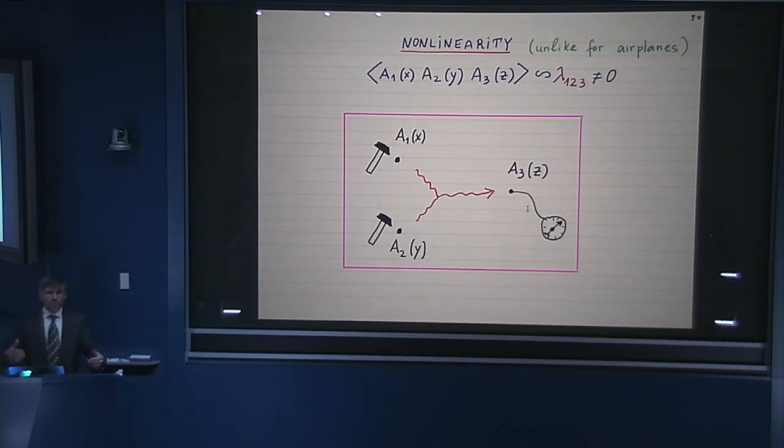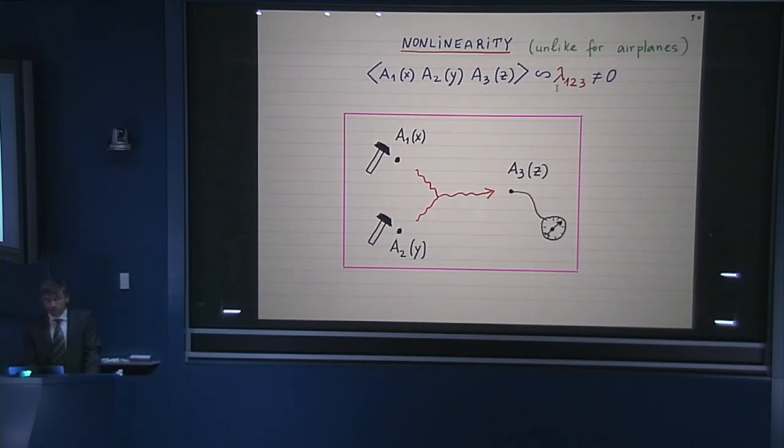And so you see that two fluctuations of two different types, a1 of x and a2 of y, when they propagate from points x and y to z, can transform into a fluctuation of type 3. And for the airplanes, that would not be the case. If you take an airplane and excite two fluctuation modes, mode 1 and mode 2, the airplane will just keep oscillating in those two modes. It's going to be an extremely small nonlinearity that will generate other modes.